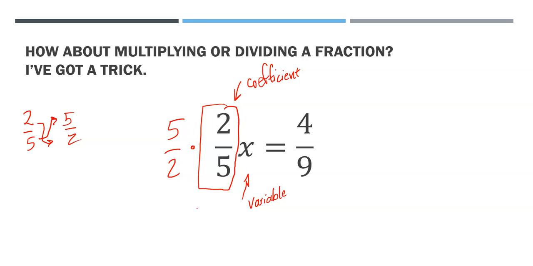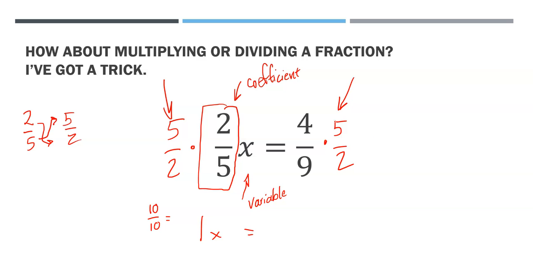Remember, it's flipped over, so it's going to multiply and make the number 1. 5 times 2 is 10. 2 times 5 is 10. I'm going to get 10 over 10, which equals 1. And my goal is just to have 1x there. Now, whatever we do on the left-hand side, remember we've learned this rule, we do on the right-hand side. So I'm going to multiply by that same number on the right-hand side, 5/2.